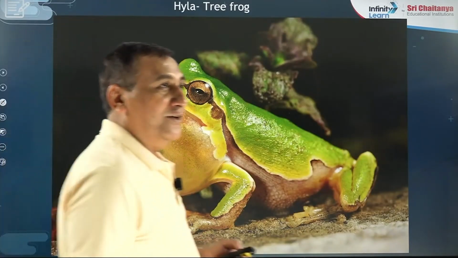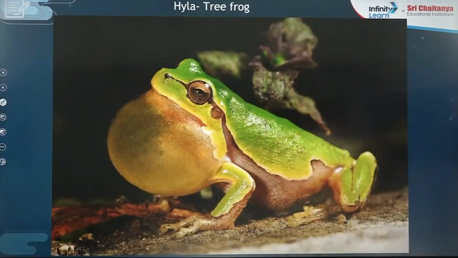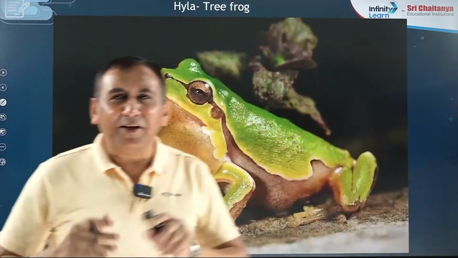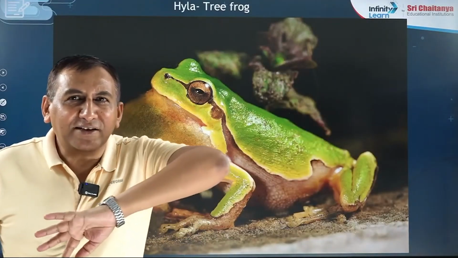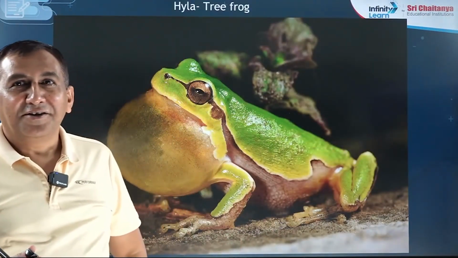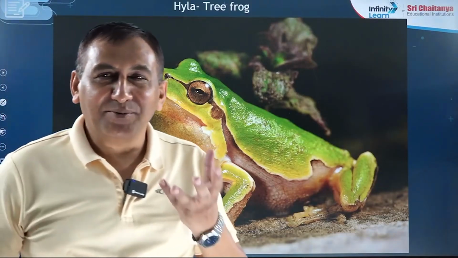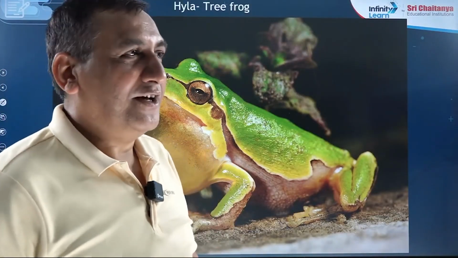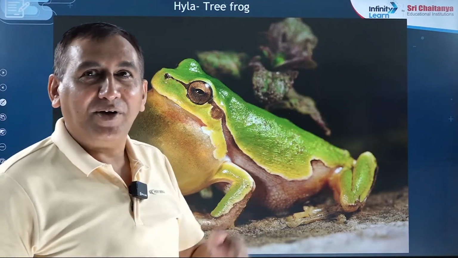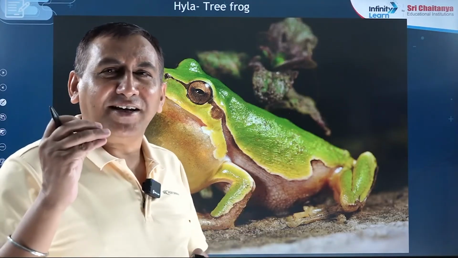Yes, wonderful. Some of the frogs, have you seen in Discovery? Some of the frogs are jumping from one tree to another tree. We are estimating very less about the frog, but they are very powerful. Like Spider-Man, they can jump. Do you know one character, Mowgli?